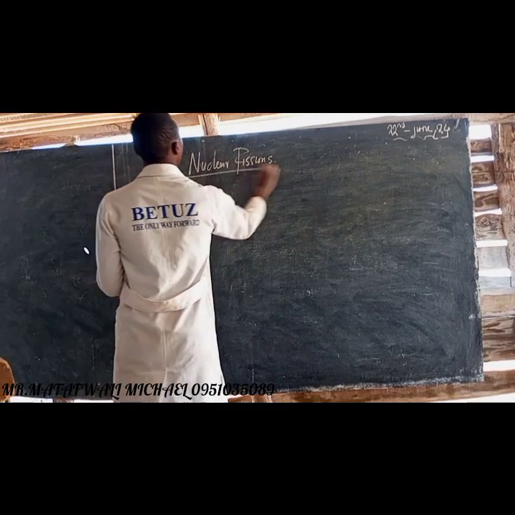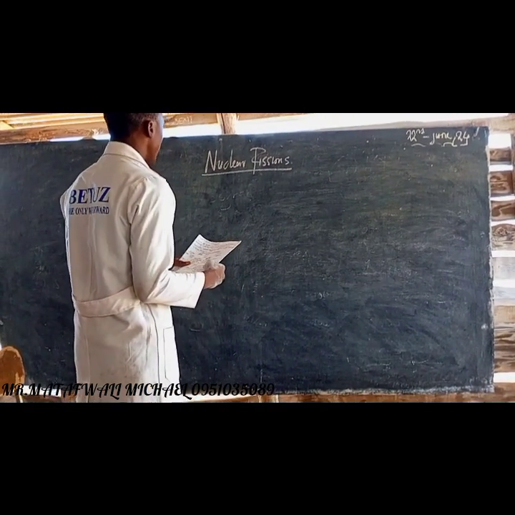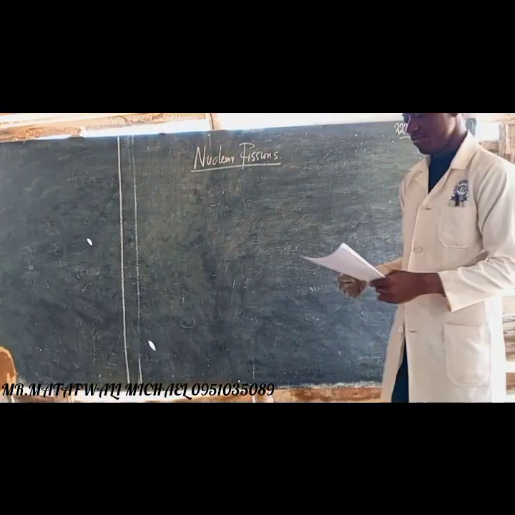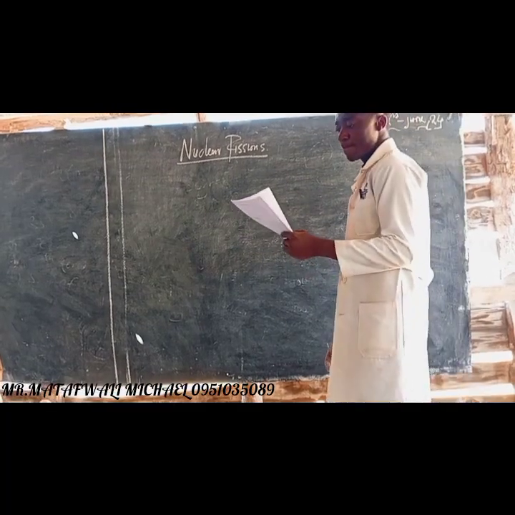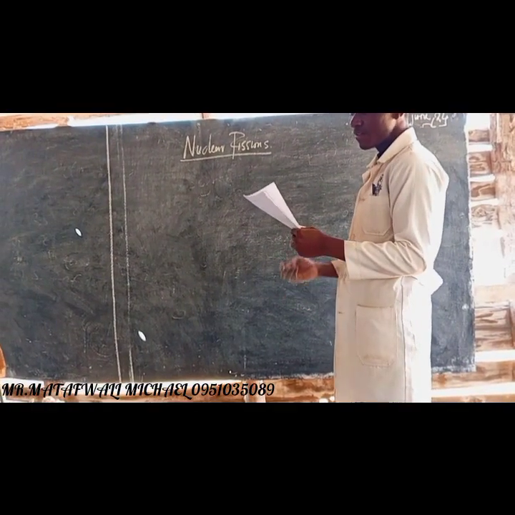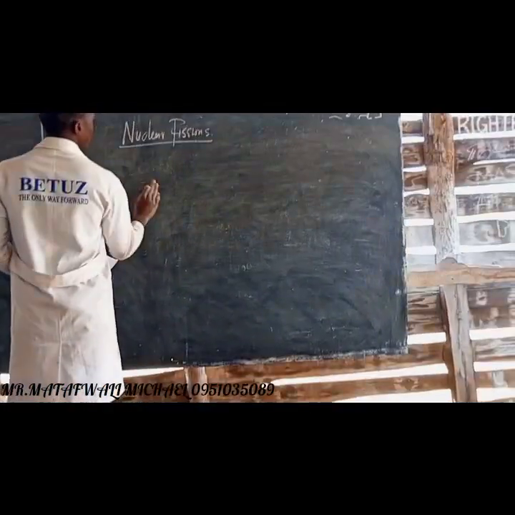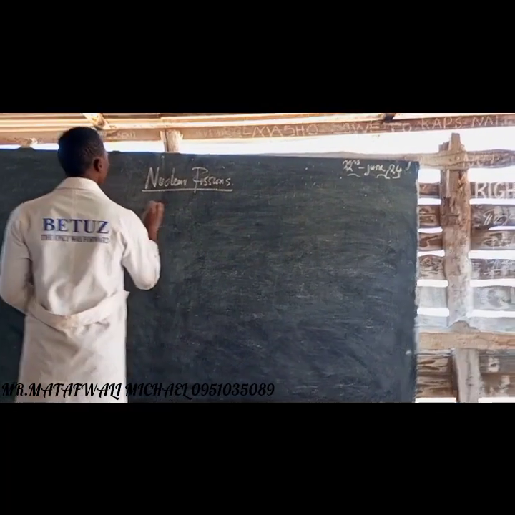Nuclear fissions. So the definition of nuclear fission: this is the splitting process of every nuclide using a fast moving neutron to produce light nuclide and some amount of energy.